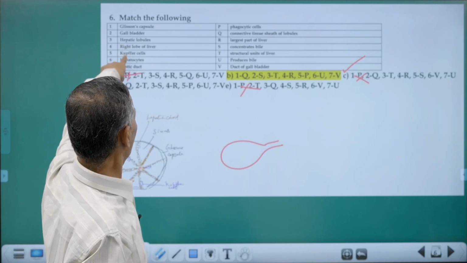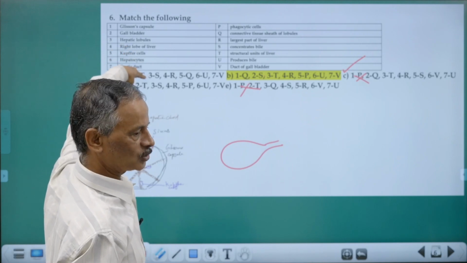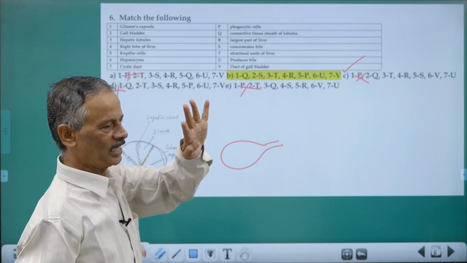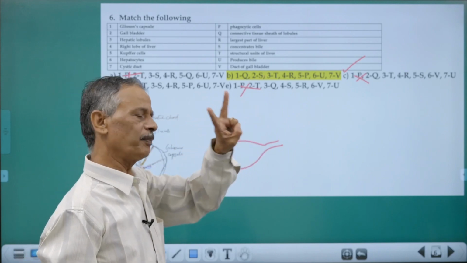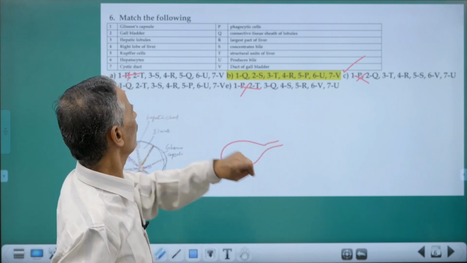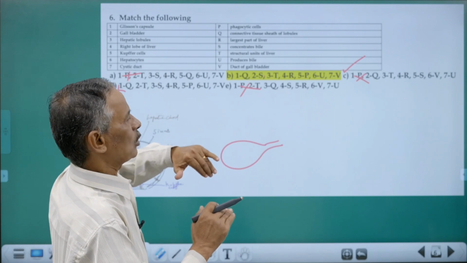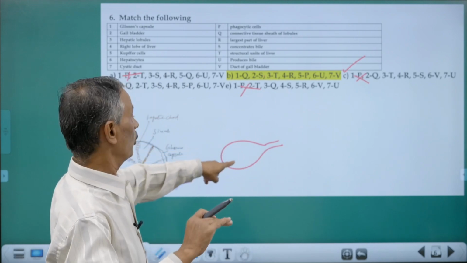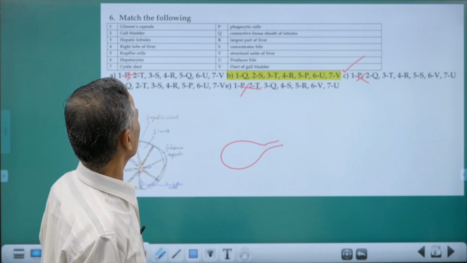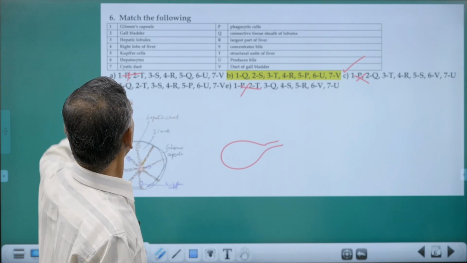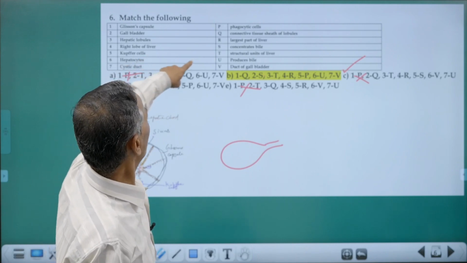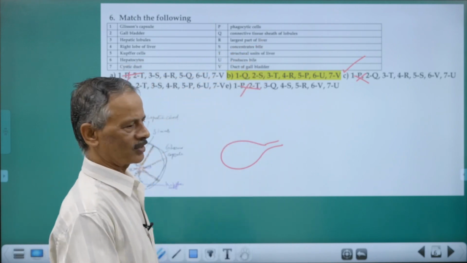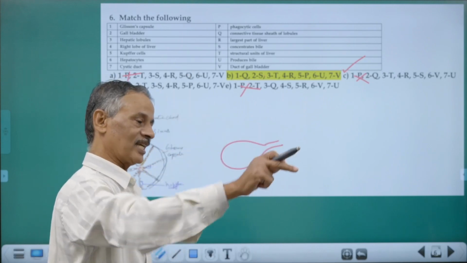Right lobe of the liver is largest. Actually, there are 4 lobes. In our book, it is given only 2, which are the major, a right lobe and a left lobe. Below the right lobe, you are having the gallbladder. So, what is the right lobe? Right lobe is the largest part of the liver. That's why we use the term largest.